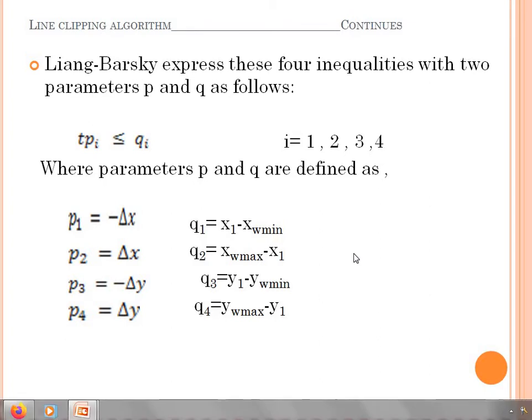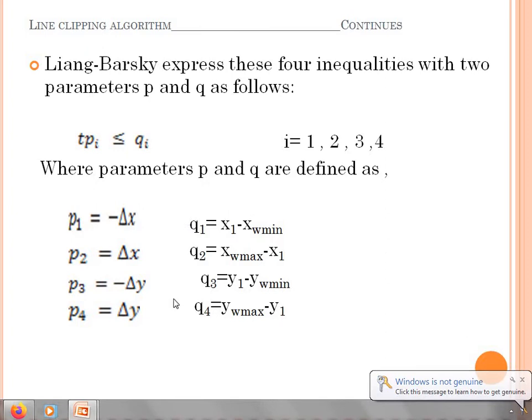So we get: minus t into delta x is less than or equal to x1 minus xw minimum, t into delta x is less than or equal to xw maximum minus x1, minus t into delta y is less than or equal to y1 minus yw minimum, and t into delta y is less than or equal to yw maximum minus y1.